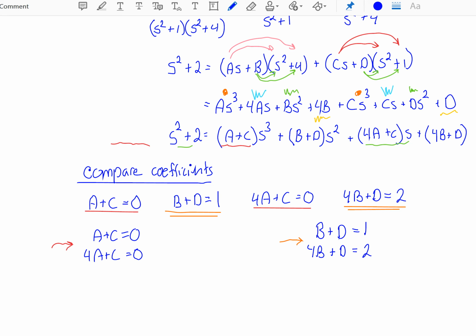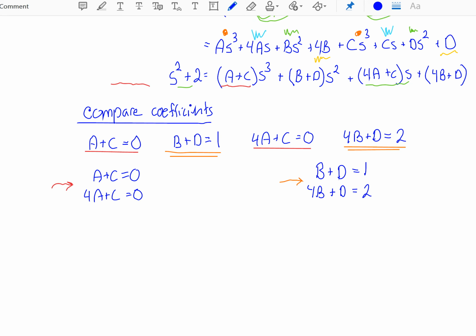Now you can solve these two systems using any technique you wish, but I'm going to use the substitution method here. So let's solve our first one.